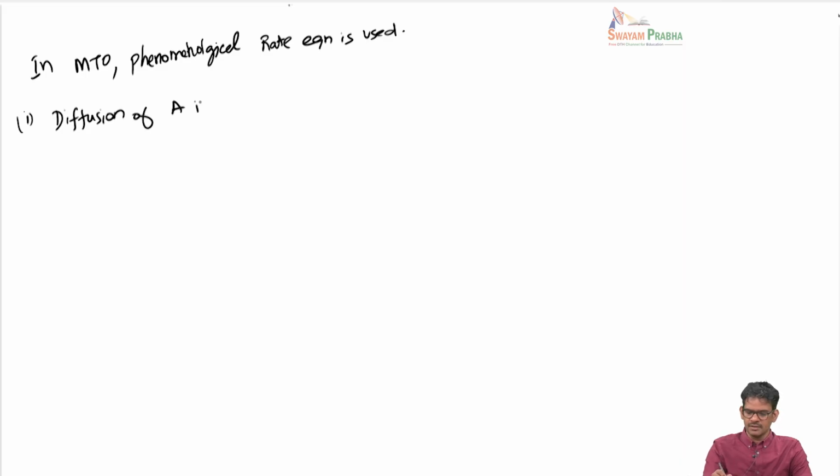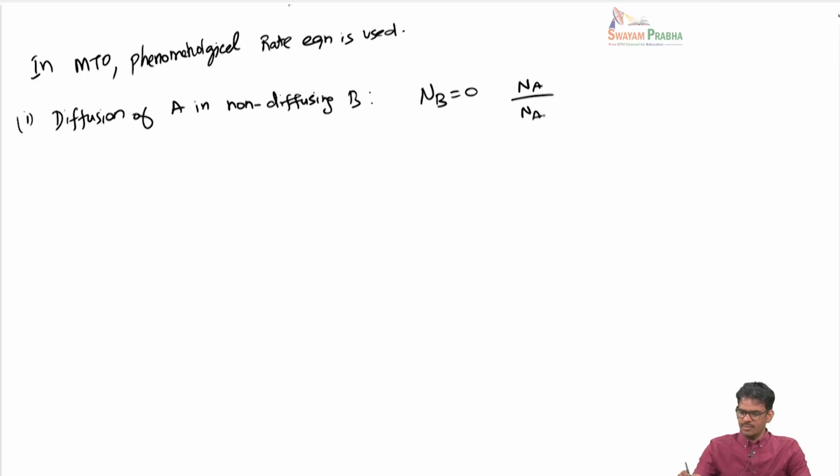Diffusion of A in non-diffusing B is characterized by the fact that NB is 0 and NA by NA plus NB is 1.